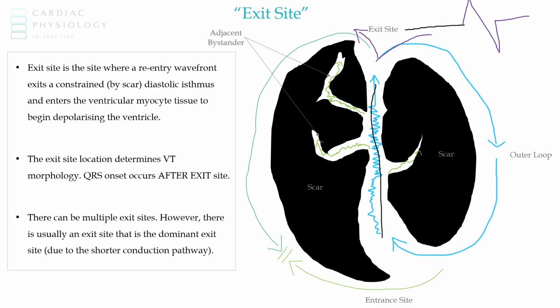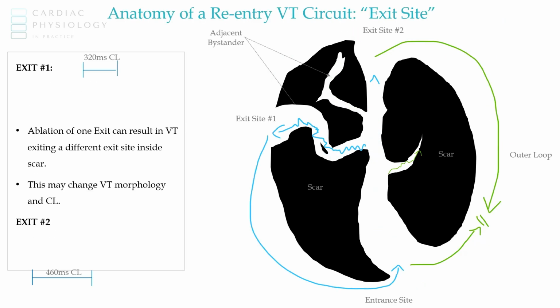Now there can be multiple exit sites. However, there usually is a dominant exit site, because there's a shorter conduction pathway, and we're going to go through what exactly I mean by that in the next slide. So let's reimagine our scar here. I've opened up another exit site here. The only difference between this scar and the previous slide is that I've opened up another exit site here as well as here.